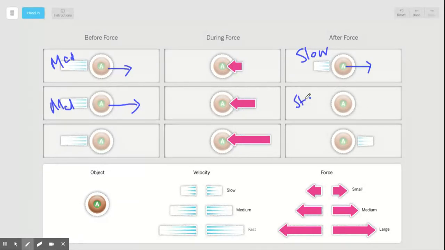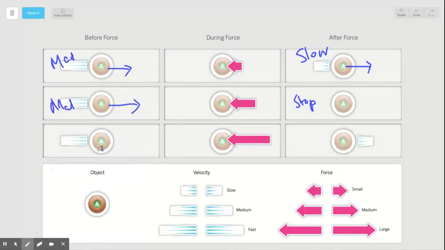The reason I know this is a stop is there are no velocity lines, it's at rest. So the velocity change of the second row is a stop. Remember our 5 changes in motion, or 5 velocity changes, are to stop, to slow down, to speed up, to start, and to change direction. 4 S's and a C.